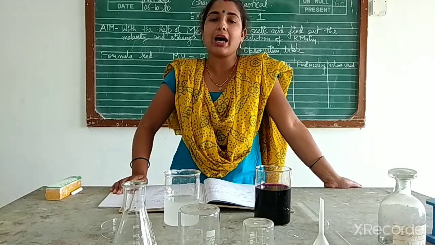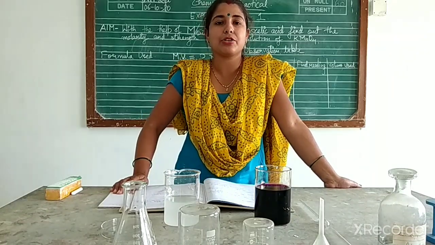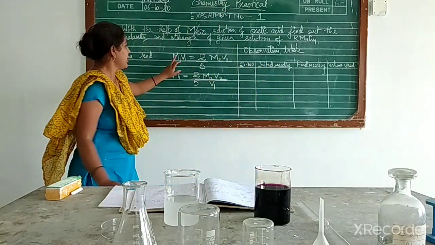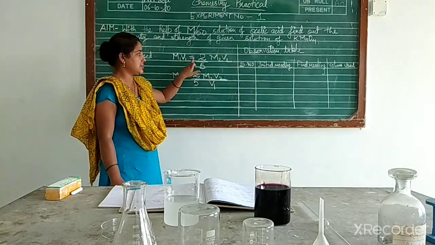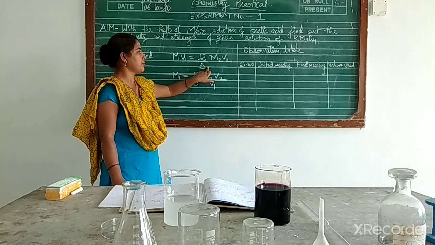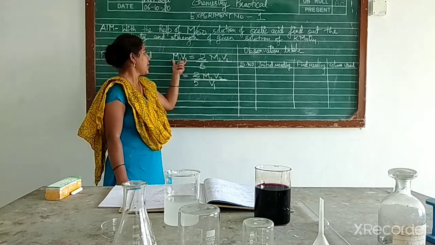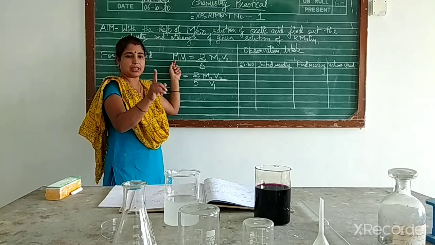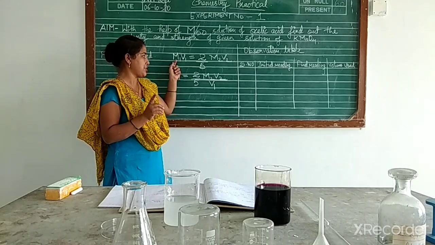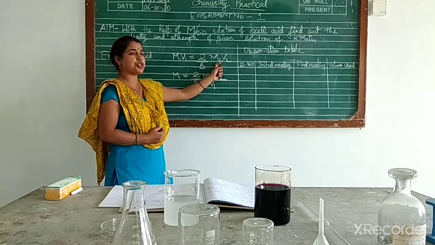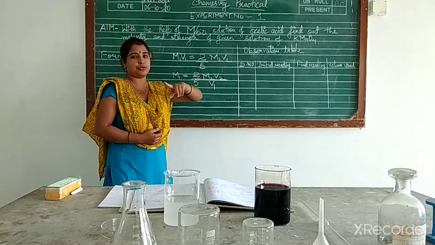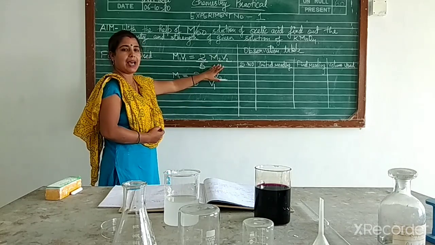So, the formula used for calculating the result in this case will be M1V1 = 2/5 M2V2. Here M1 and V1 we are using for the unknown solution, that is our potassium permanganate, and M2V2 we are using for our known solution, that is oxalic acid.